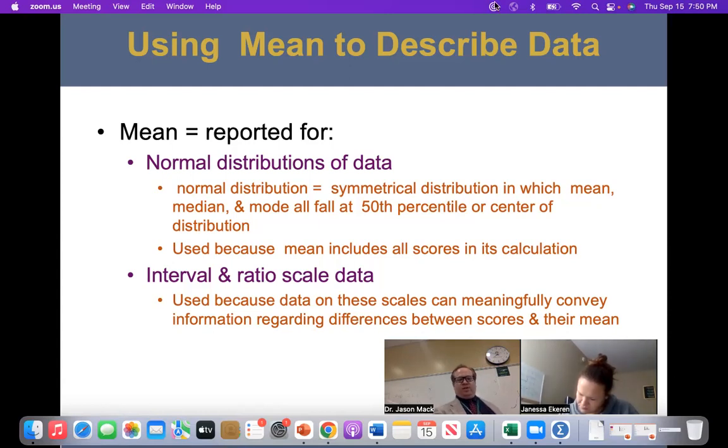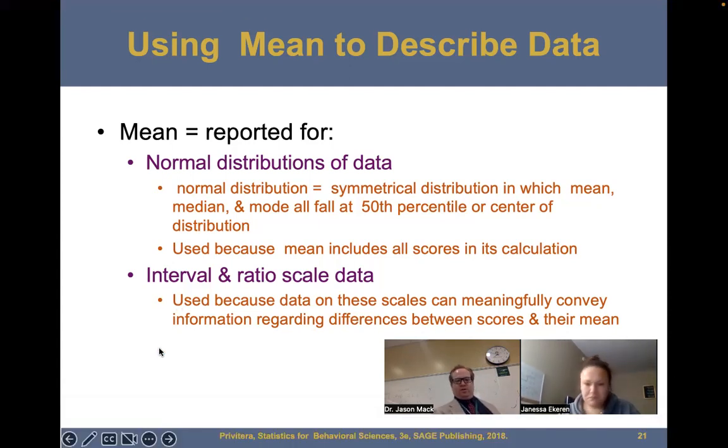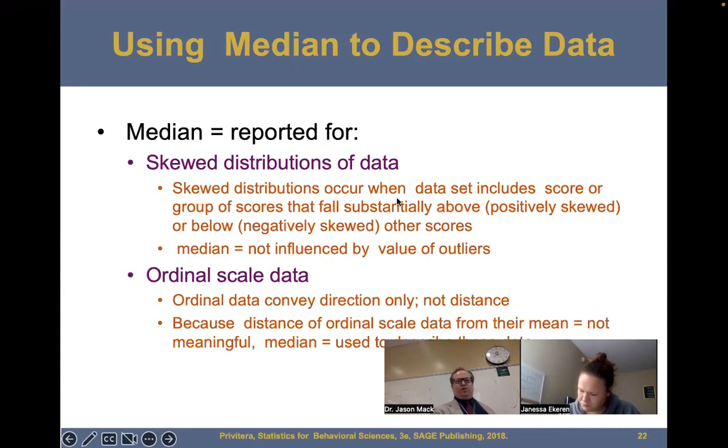We use the median for skewed distributions of data. When the data set is positively or negatively skewed, left or right, as I was showing you, the median is not influenced by the value of outliers. That is, when the scores fall substantially above, positively skewed, or substantially below.